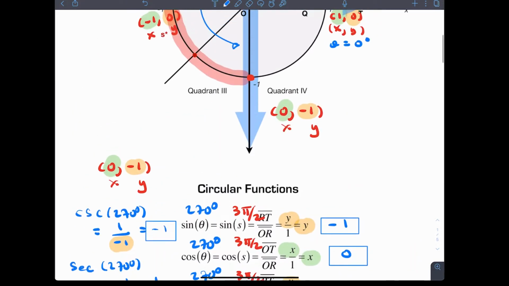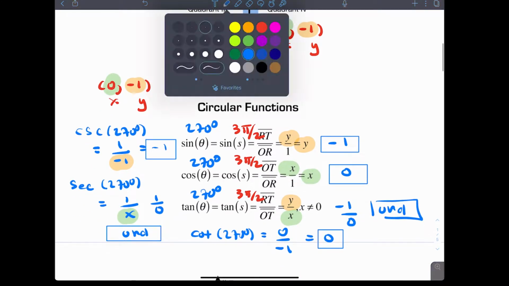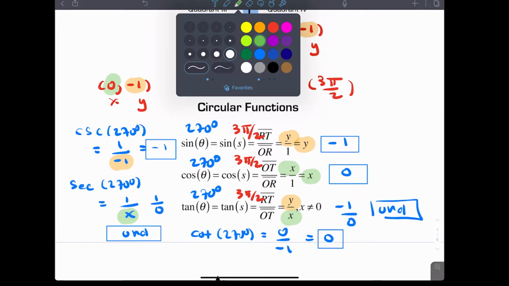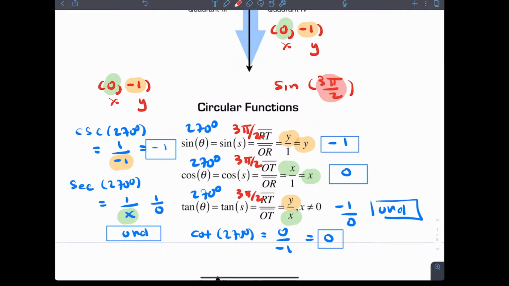I want you guys to note something. What if you said, okay, what's sine of 3 pi over 2? What's that going to be? That's right, -1.